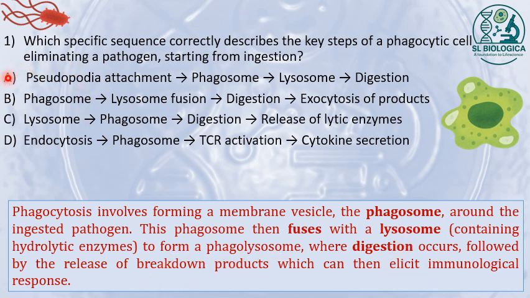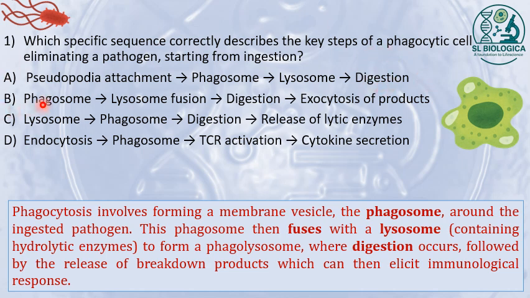So now let's see the options available here. The first option is pseudopodia attachment, phagosome, lysosome, and then digestion. So we know that this is not the sequence happening.